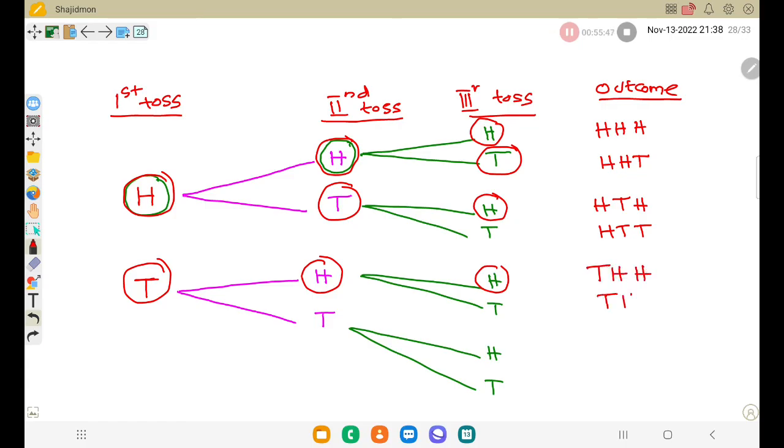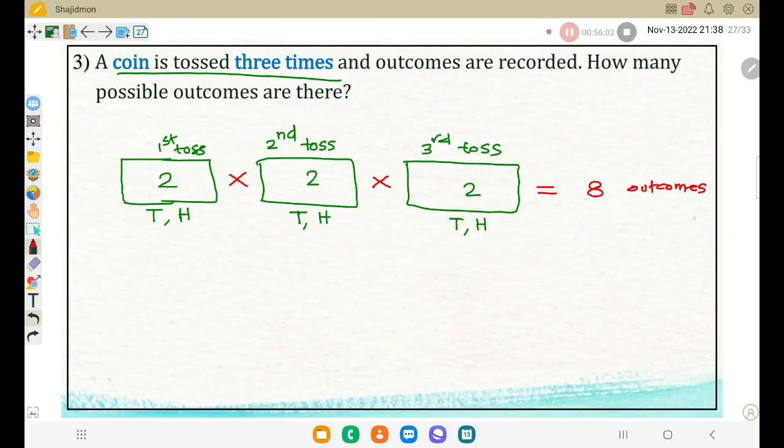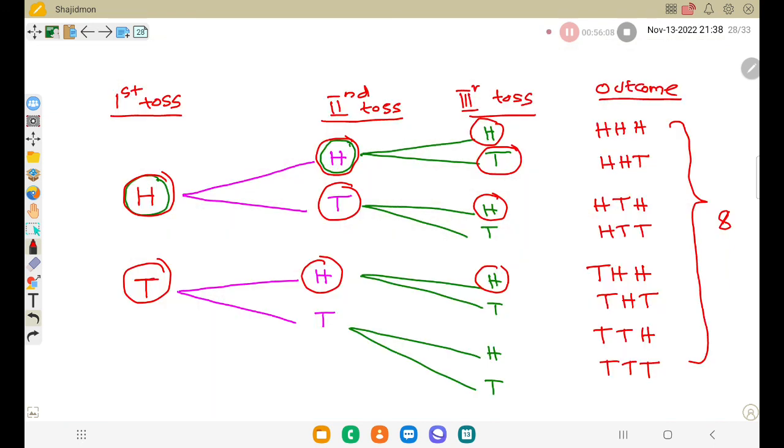Then tail, tail, tail. So how many options are we getting in total? You can see 2, 4, 6, 8 options. So that is the answer we got. There are 8 outcomes. Using the multiplication rule, 2 multiply 2 multiply 2, 8 outcomes will be there. These are the 8 outcomes in that question. Hope you understood this question, correct?